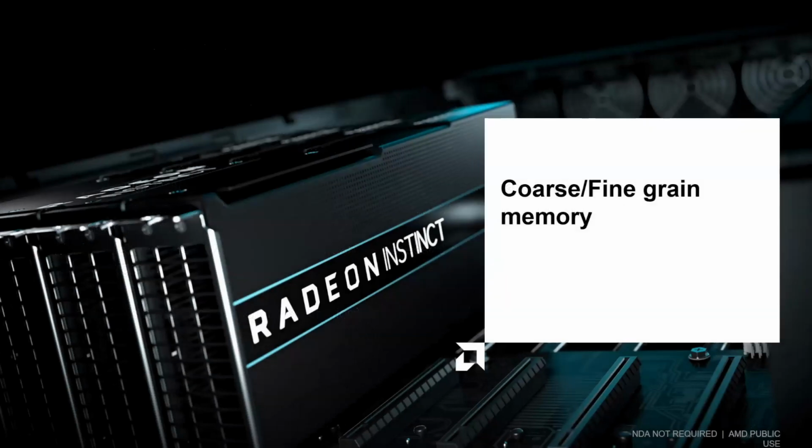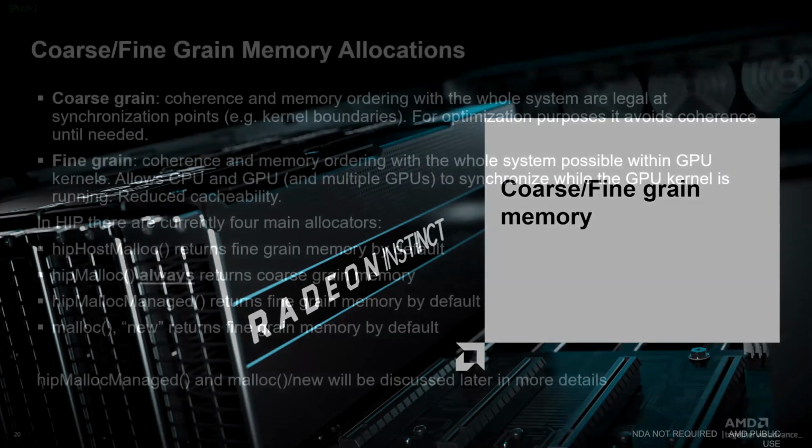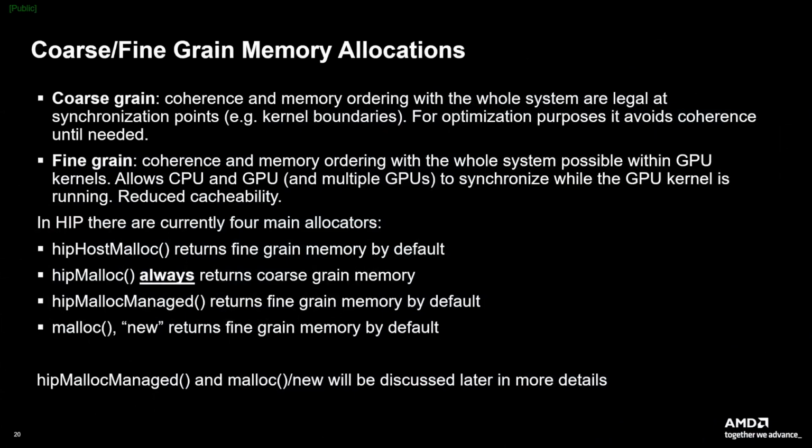So let's go back. I mentioned coarse and fine-grained memory. And so what is that? Coarse grain gives you a different coherency than fine grained.